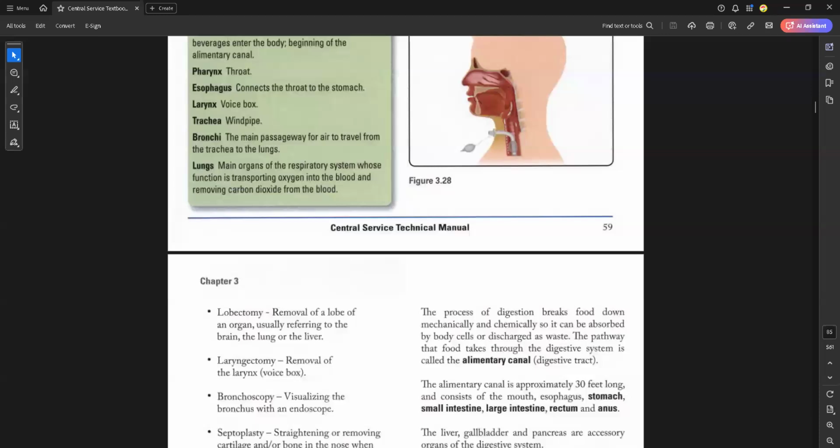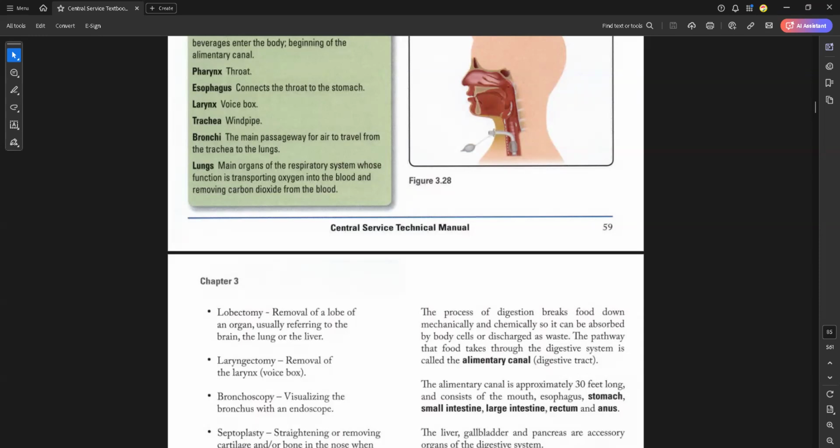So you see the alimentary canal. The process of digestion breaks food down mechanically and chemically so it can be absorbed by the body cells or discharged as waste. The pathway that food takes through the digestive system is called the alimentary canal or the digestive tract. This alimentary canal is about 30 feet long. That is why somebody asked me whether the little people also have that, and I said I don't believe so, because body sizes vary.